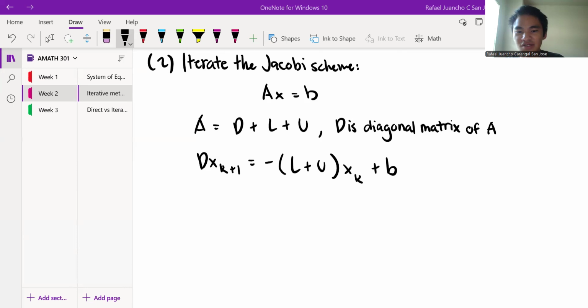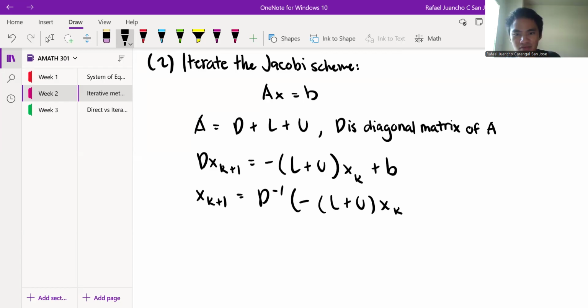There's some matrix algebra that I'm not super familiar with. But basically, now we want to isolate. So we multiply by its inverse, D minus 1, then minus L plus U, X sub k plus B.